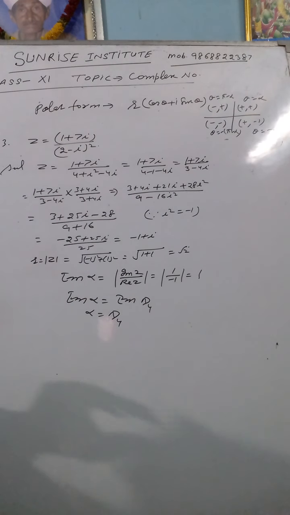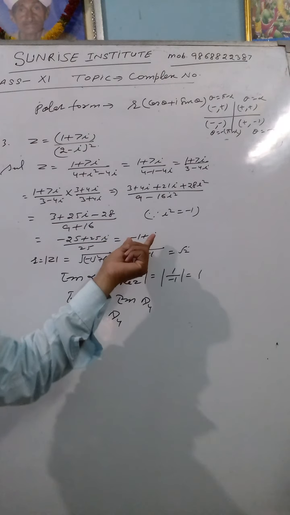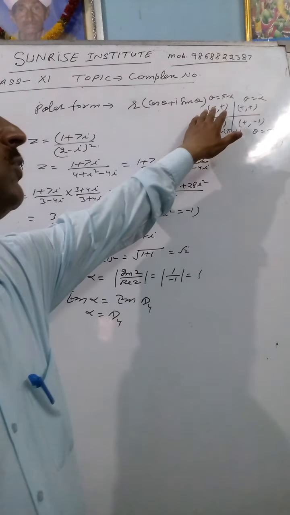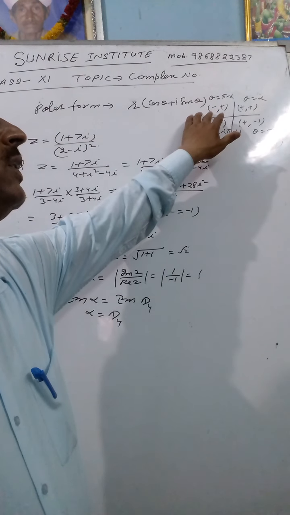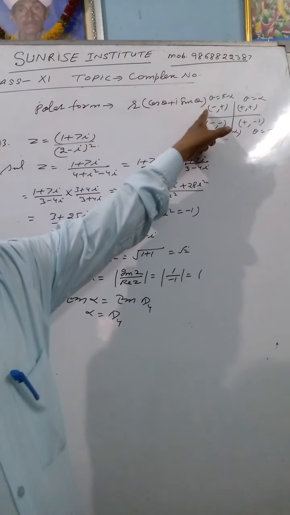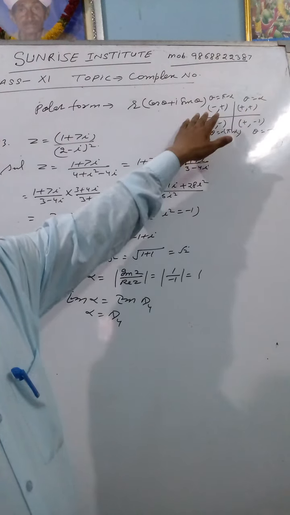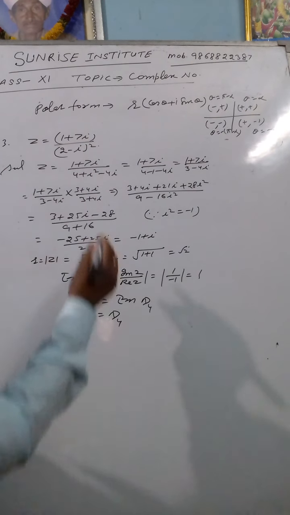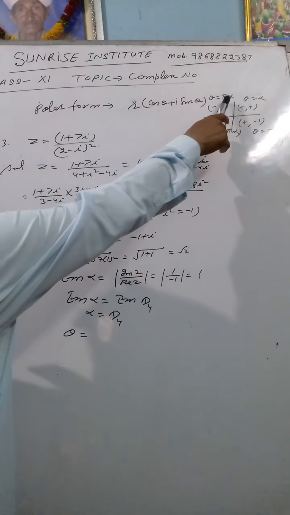But we see in which quadrant this lies. Does it lie in the first quadrant? It lies in the second quadrant. Okay students, then we find theta equal to pi minus alpha.